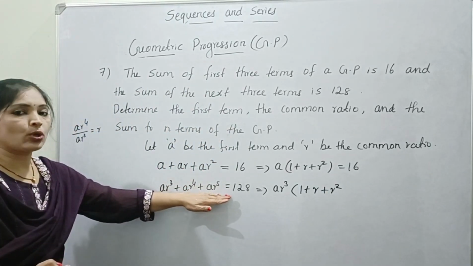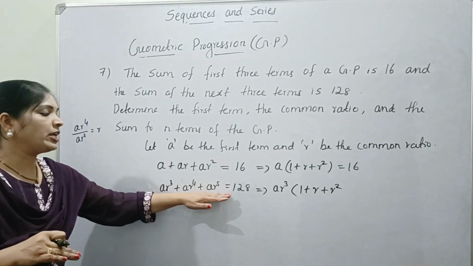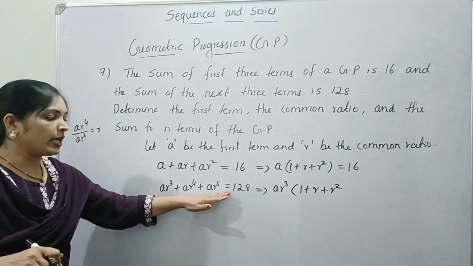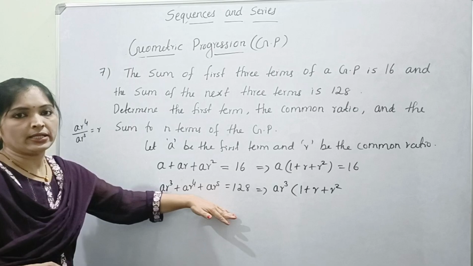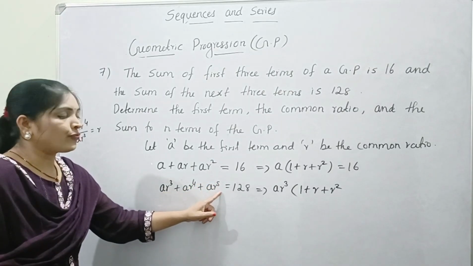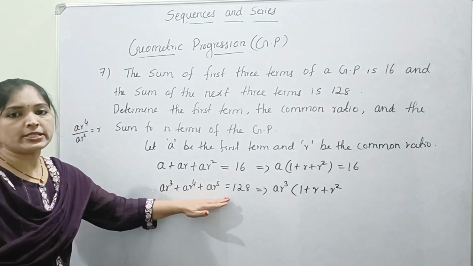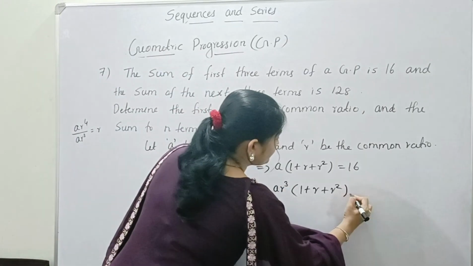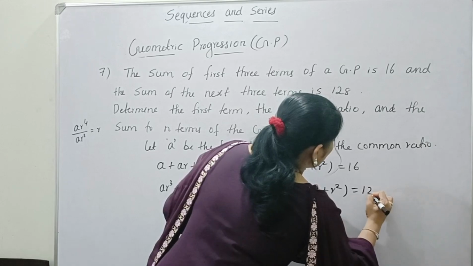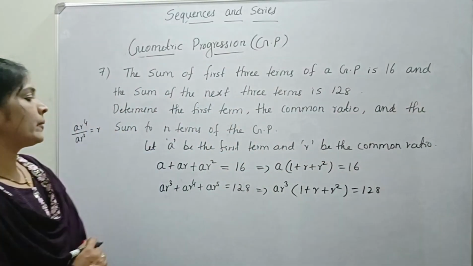Taking a term outside means dividing by that term: ar raised to 4 divided by ar cube is r, since a and r cube cancel. And ar raised to 5 divided by ar cube is r square. That is equal to 128.